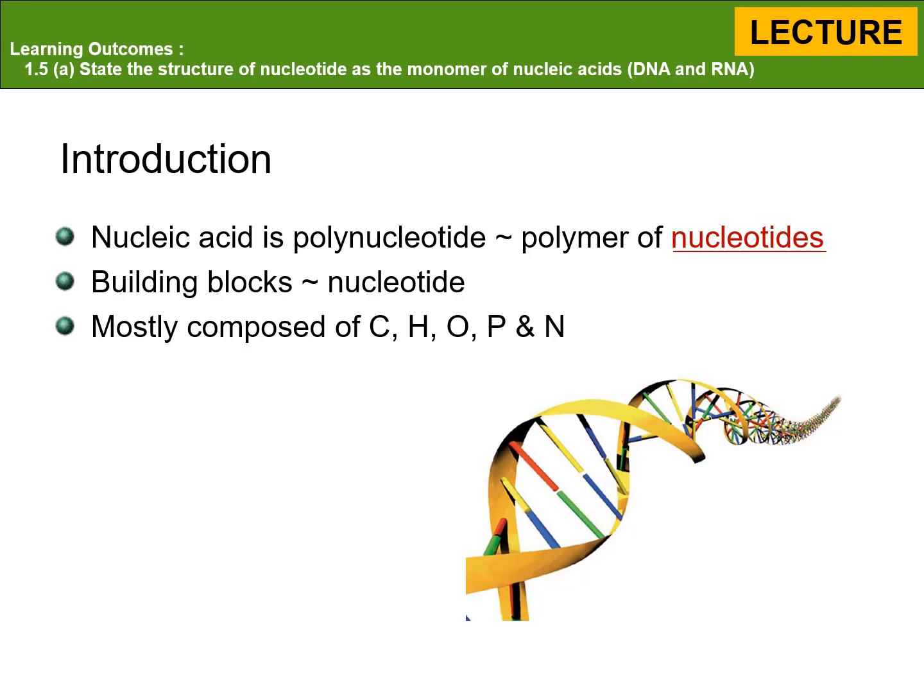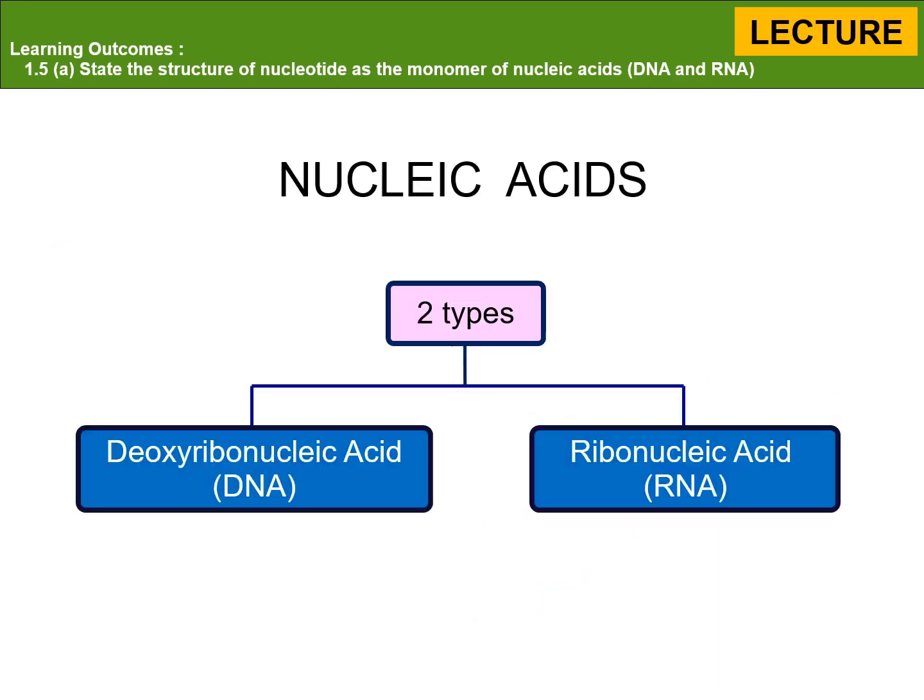Mostly it is composed of carbon, hydrogen, oxygen, phosphorus, and nitrogen. There are two types of nucleic acids. Number 1, deoxyribonucleic acid, also known as DNA. Number 2, ribonucleic acid, also known as RNA.